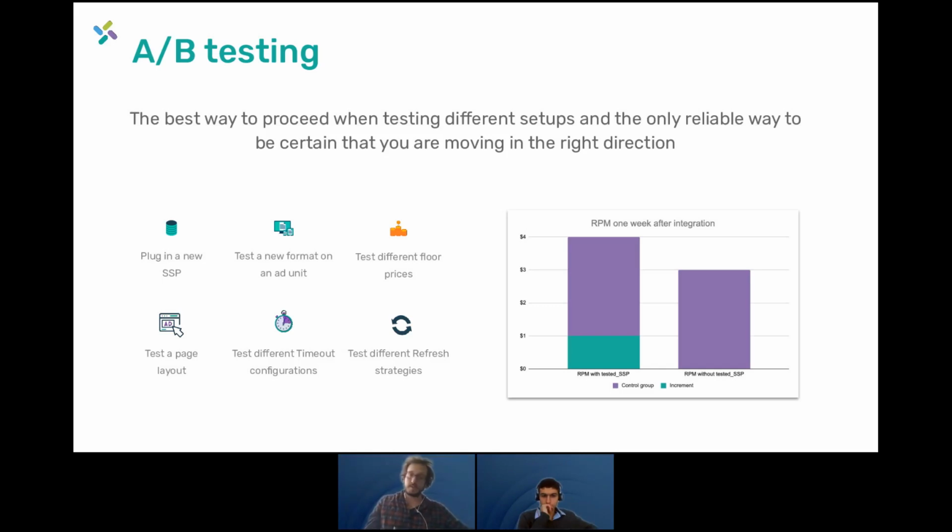The sites or the ad units where you didn't roll out your new setup are going to be your benchmark. And if the revenue increased by 10% between the two periods, the before and after periods, you can now estimate that your seasonality is plus 10%, and you can compare the evolution on your ad units or setup where you rolled out your change and see if it's more or less than plus 10%.